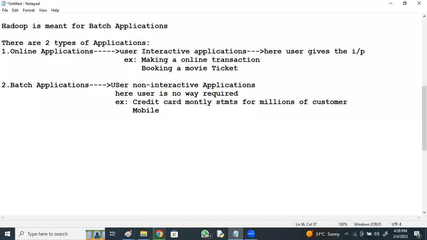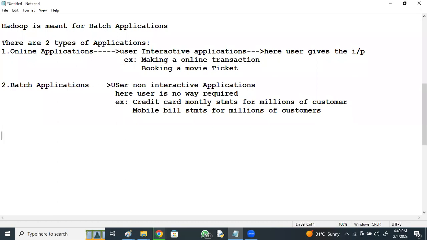Mobile bill statements for millions of customers. All these are batch applications. Most of the financial and bank applications are batch applications, which will be running in the background.